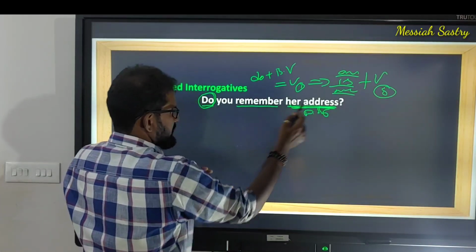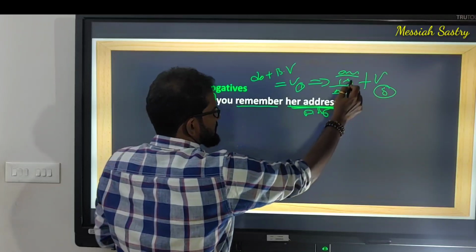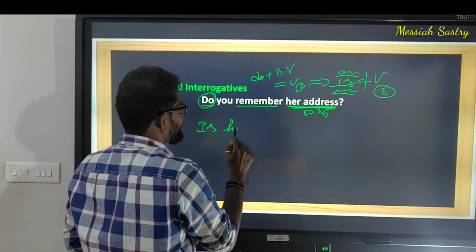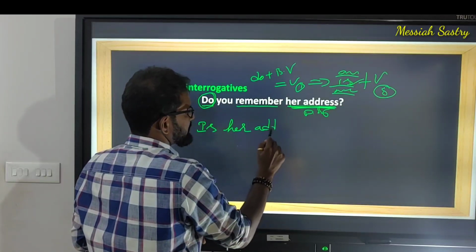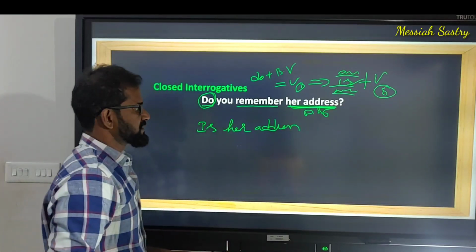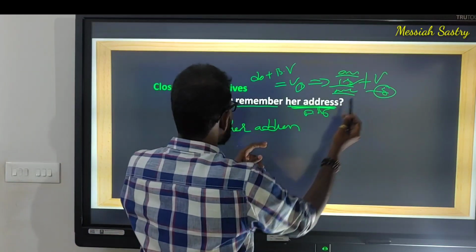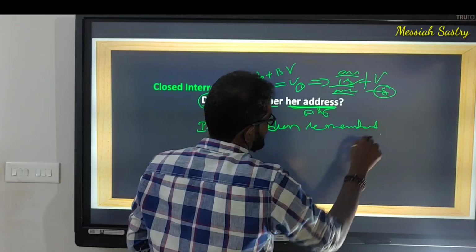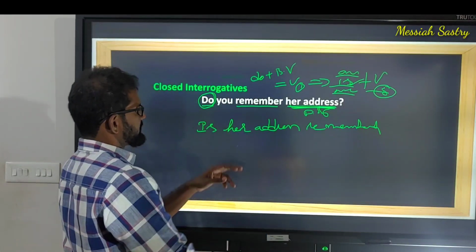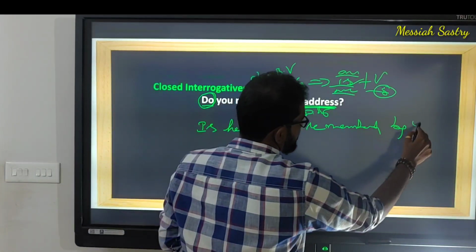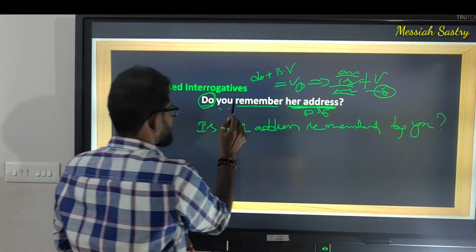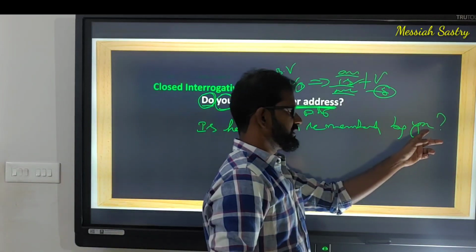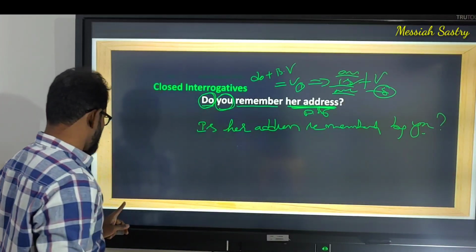The object here, our address, becomes the new subject. Our address is singular, so we use is. Is our address, V3, remembered. Is our address remembered by you? The subject in the assertive sentence is you, the doer is you, so the agent here is by you.